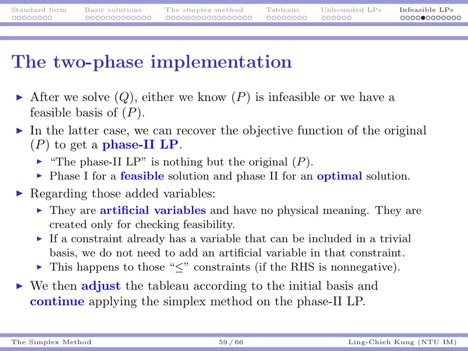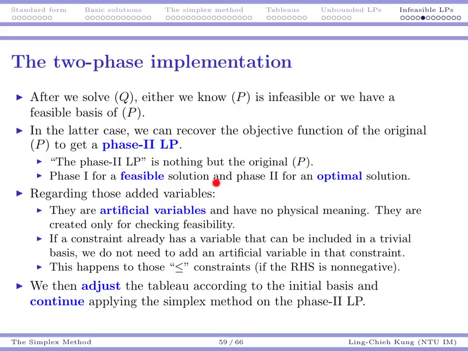At the end of phase 1, we get a conclusion, and if possible, we get a basic feasible solution for P. And then we do phase 2 to keep iterating from that basic feasible solution, and then we get to unboundedness or an optimal solution. So phase 1 is for a feasible solution, and phase 2 is for an optimal solution.